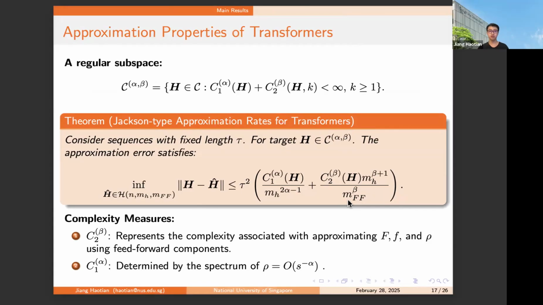Yes, you are right. Basically here we say this one goes to 0. We can consider that we fix m_h here, and if we increase the number of parameters in the feed forward part, then this term will go to 0. And if we go a bit deeper, this one is actually an upper bound, and it is not tight.